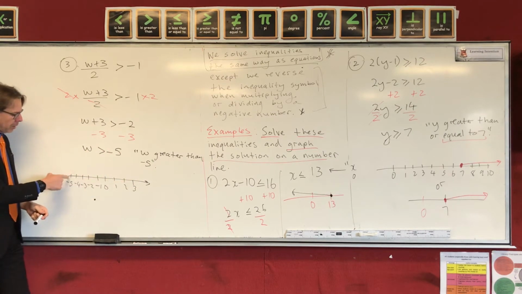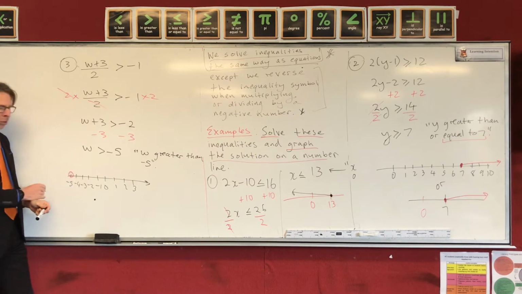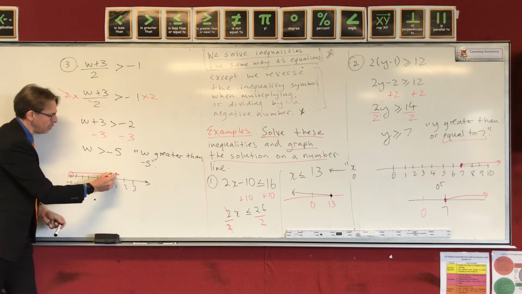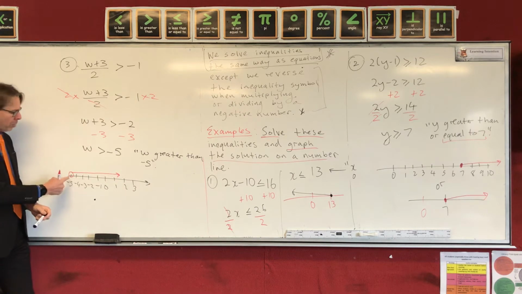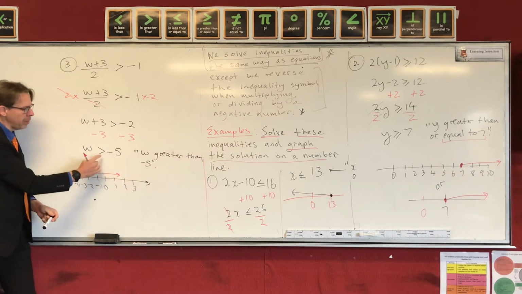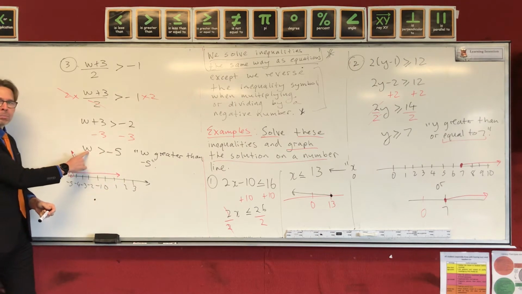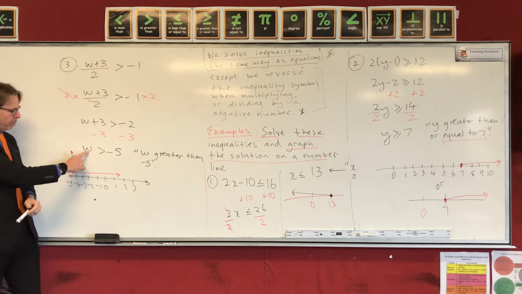So, now, it's not equal to minus 5, so I'm actually just going to put an open circle there to say that minus 5 is not included, but everything after minus 5 is included. Okay? So all the numbers to the right of minus 5 are bigger than minus 5. So this says, show me all the numbers bigger than minus 5 on the number line.